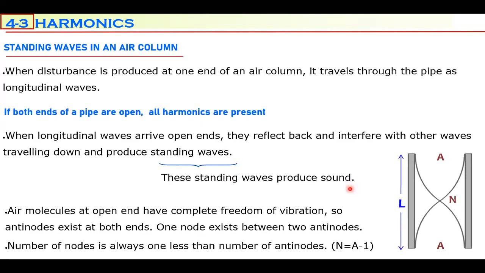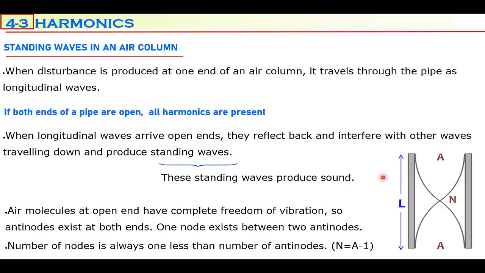Air molecules at an open end have complete freedom of vibration. For that, an open end is treated as an antinode. Open ends are antinodes, so an antinode exists at both ends. And between two antinodes, of course, there must be a node. Here, in an open pipe, the number of antinodes is greater than the number of nodes. It's the opposite of a string.